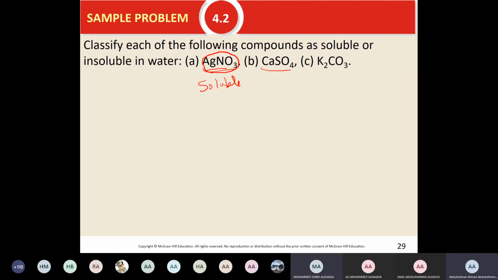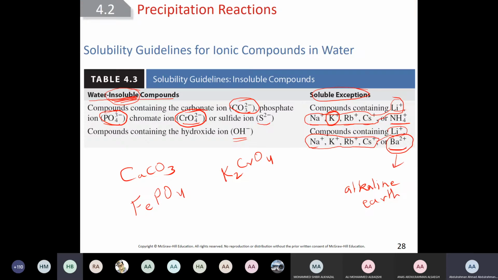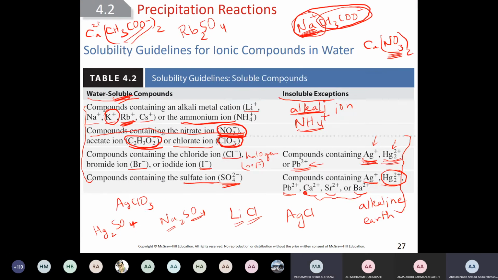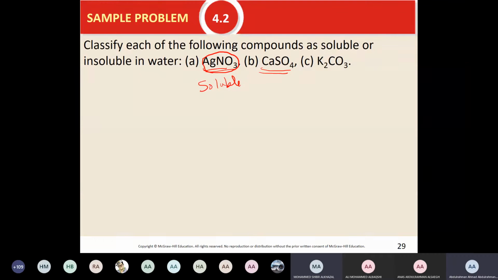Okay. Calcium sulfate, is it soluble or not soluble? Not soluble. Why? Because it contains calcium. So this is non-soluble.